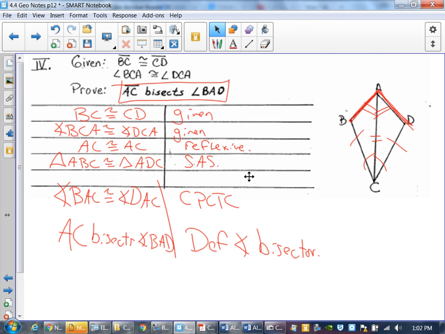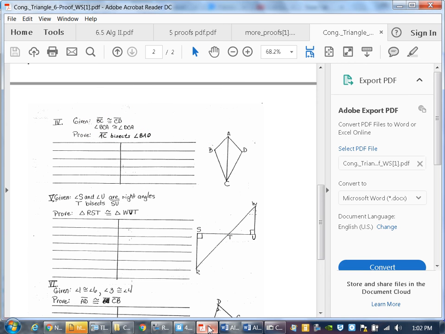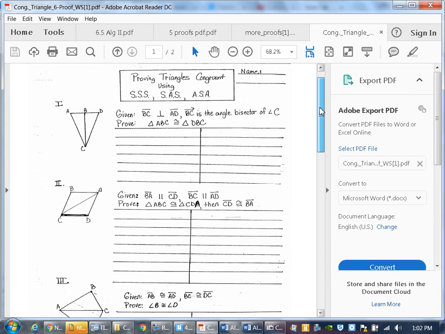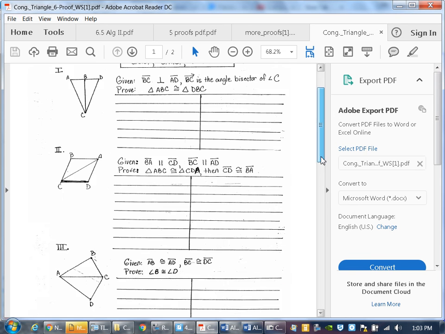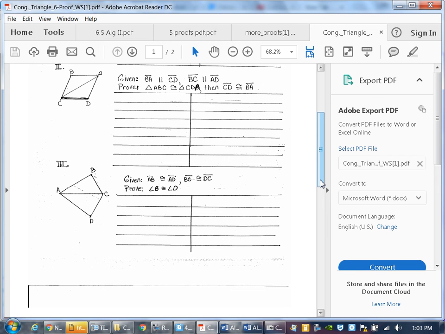How are we supposed to know if we're supposed to use the CPCTC on the proofs? What happens a lot of times, if you need to know if you're going to use that, look at what you have to prove. In this first one, you're just showing triangles. Do you need that to show the triangles? No. In the second one, see how it says triangle, then a part?